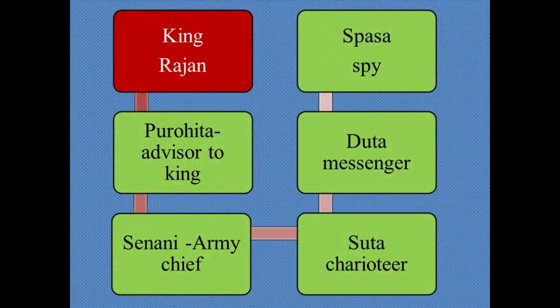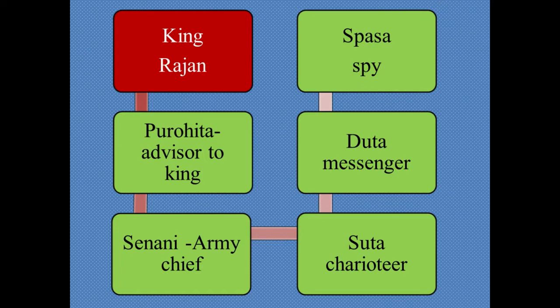Further, to add more officers to the administration, the king was usually assisted by a Purohita. Purohita was a chief advisor to the king. In terms of war and other activities, a Senani became the army chief.